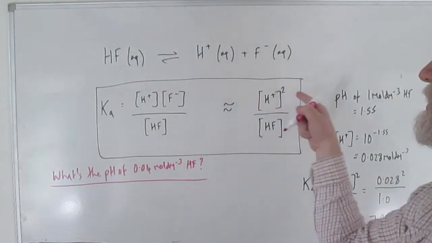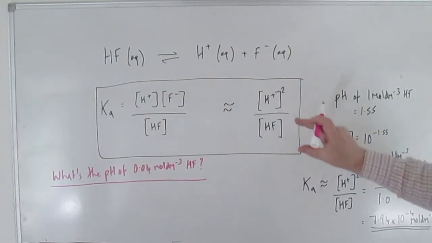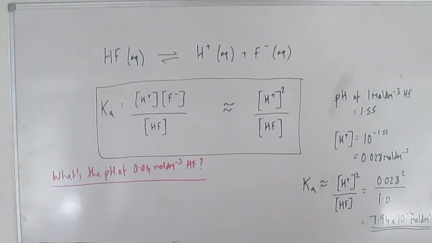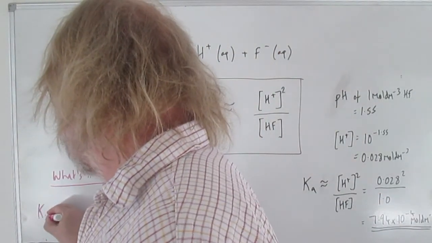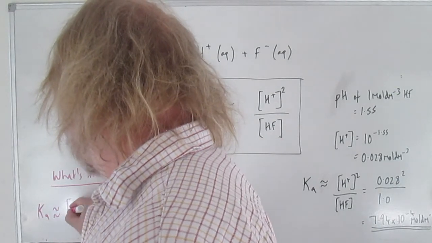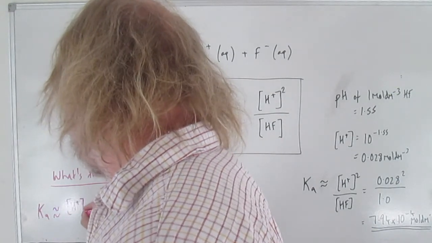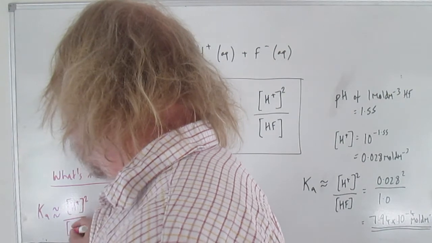Okay, so we're going to use this same approximate expression, but we've got to rearrange it to make H+ the subject. So we've got Ka is approximately equal to [H+]² over [HF].